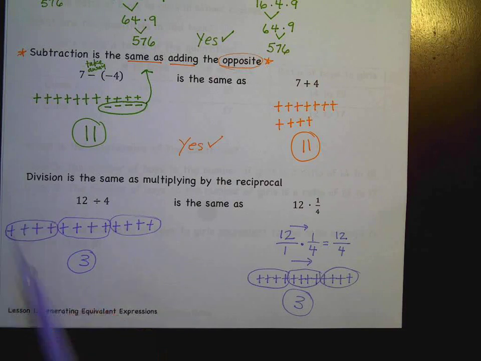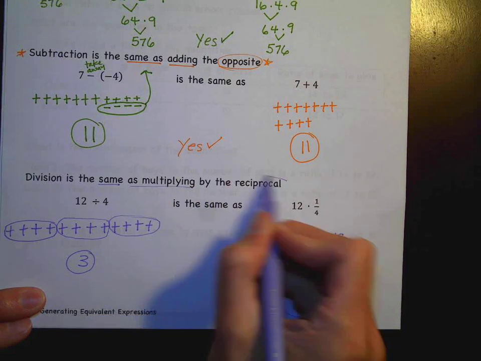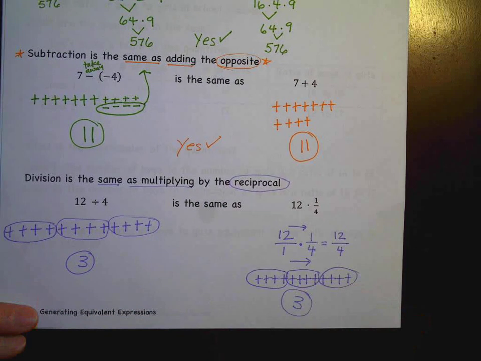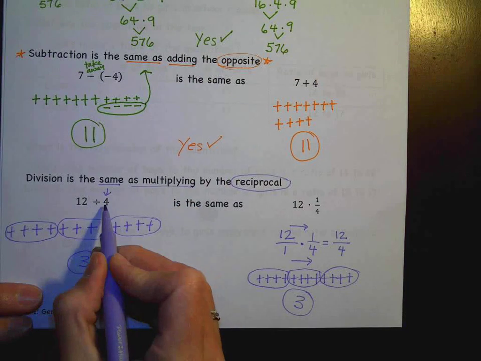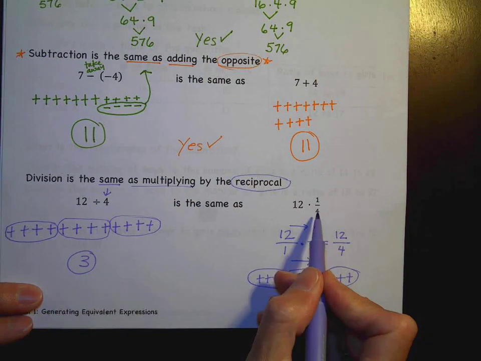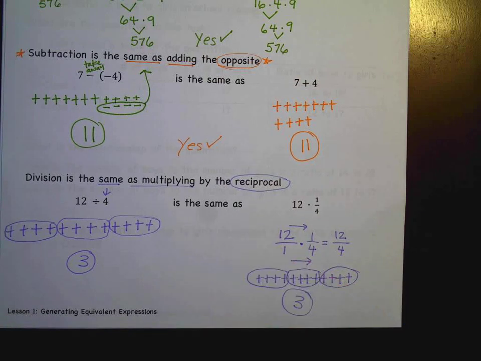Okay, so you can now prove that division is the same as multiplying by the reciprocal, and the reciprocal is of this answer here. So the reciprocal of 4 is 1/4. Okay, that's what the reciprocal is.